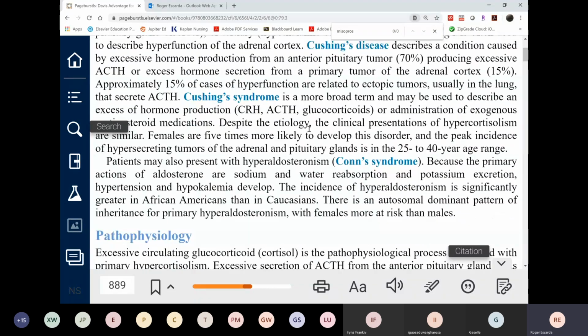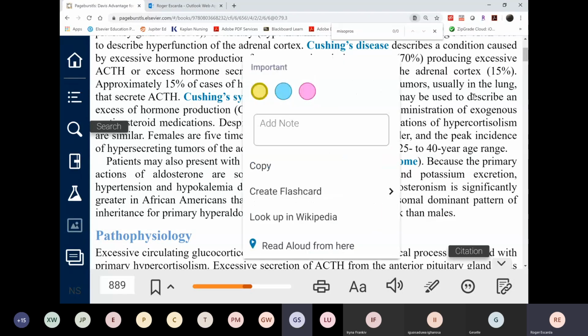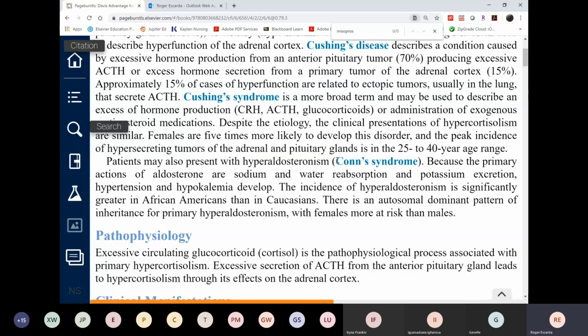Another problem with hypercortisolism, this time will be hyperaldosteronism. So this is not Cushing's disease because this one is another tumor, but only affects aldosterone. It doesn't affect the cortisol level or the sex hormones.